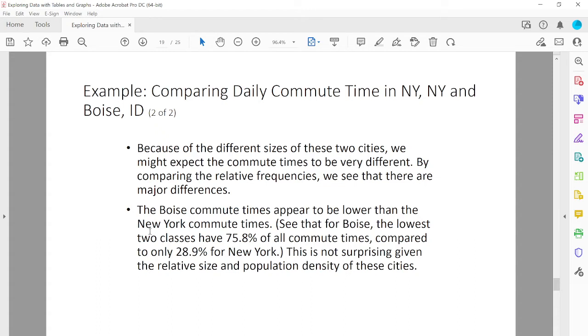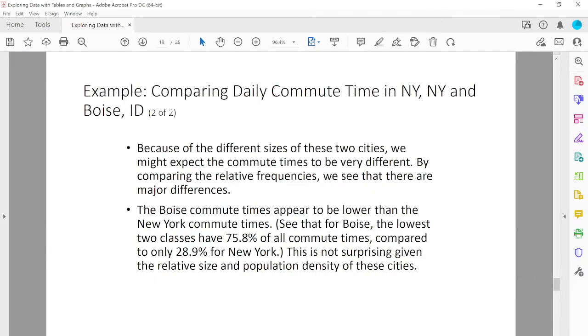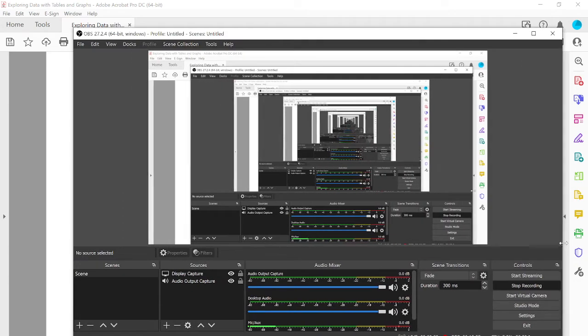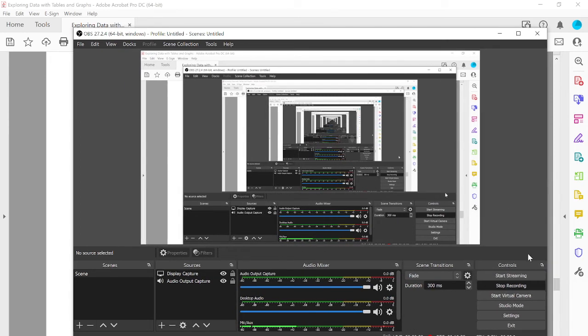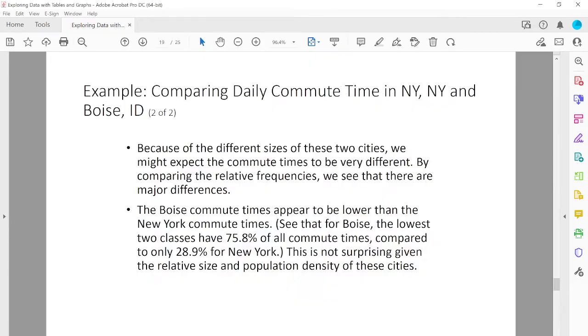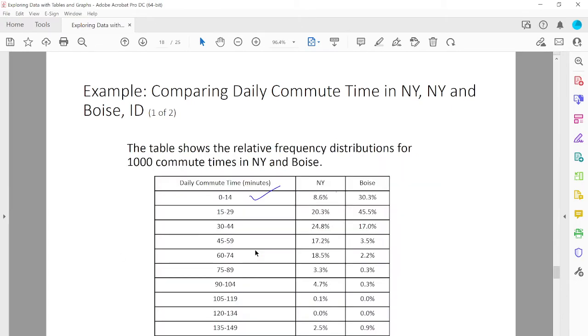As you can see here, for Boise the lowest two classes have 75.8% of all commute times. So they take less time, less than 29 minutes.